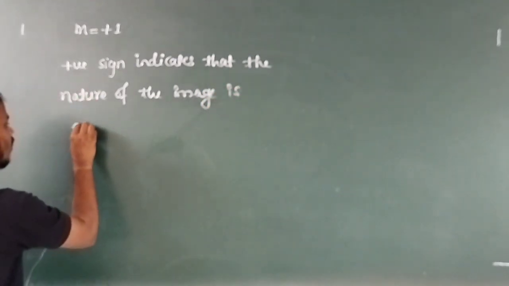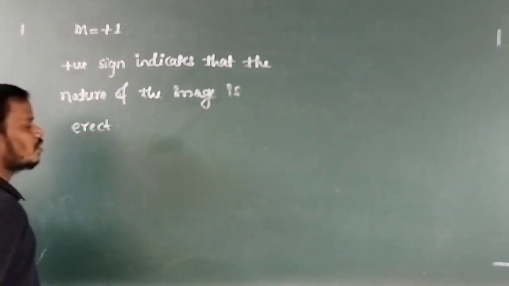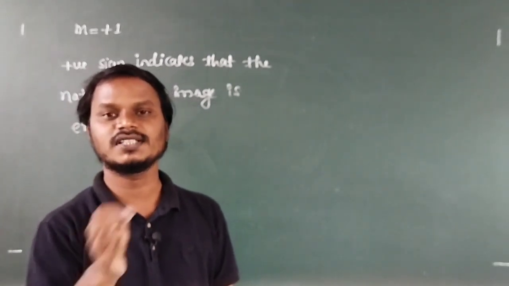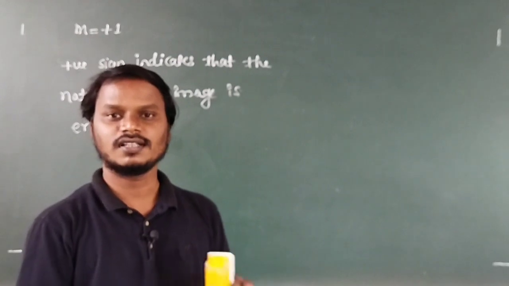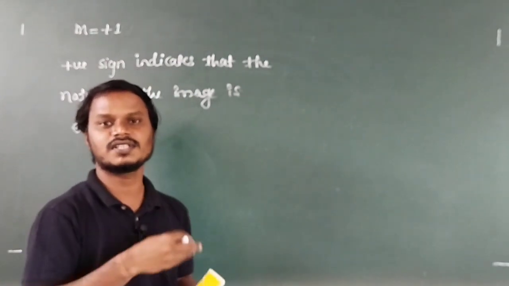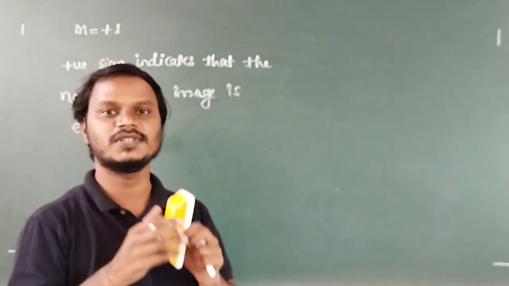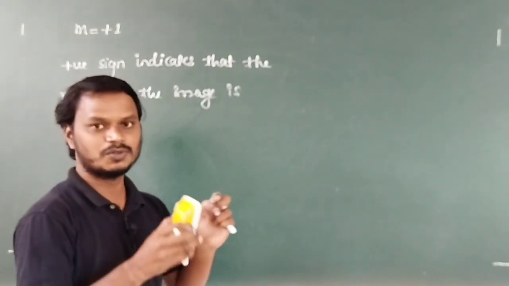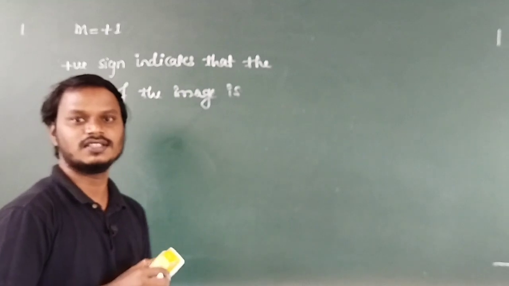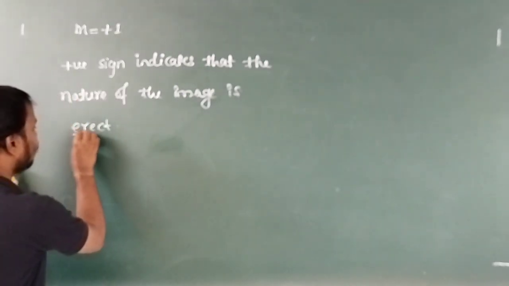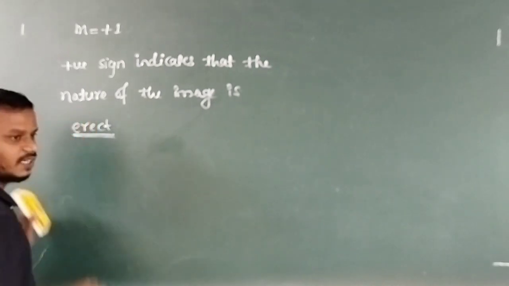So what do you mean by erect here? If the object is upright, then its image is upright, and the image is said to be erect. Otherwise, if the object is downside and the image is also downside, then the image is said to be erect. What is its meaning? The object and image both must be in the same direction, then only the image is said to be erect. So this is about the positive sign.